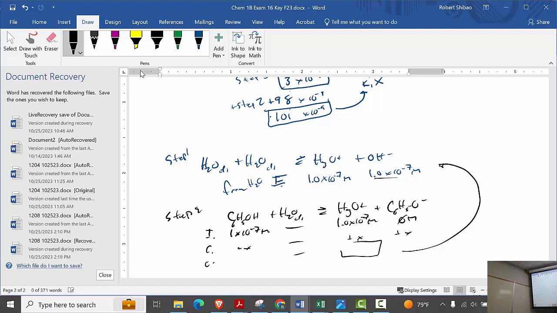But when we do that, that changes the hydronium again, and then we end up with this circular problem. We'll have to solve this simultaneously. Does that make sense?